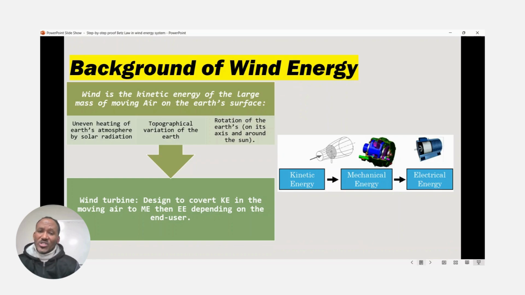A wind turbine was designed to convert the kinetic energy of wind to mechanical energy, then upgraded to electrical energy depending on end users.